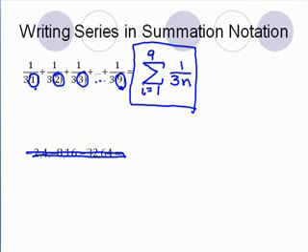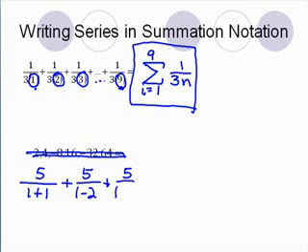So let's say you have this series: 5 over 1 plus 1, plus 5 over 1 plus 2, oops, sorry, that's plus 2, then 1 plus 3, and we're going to go all the way up to 5 over 1 plus 15.